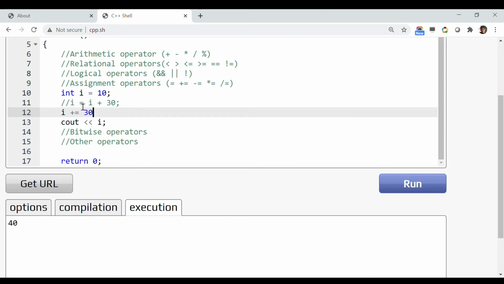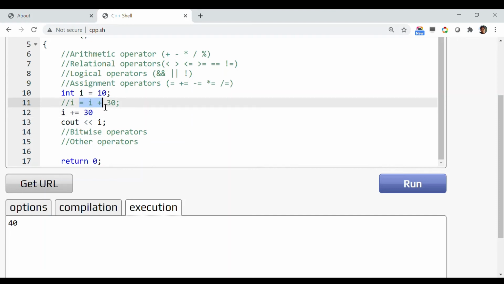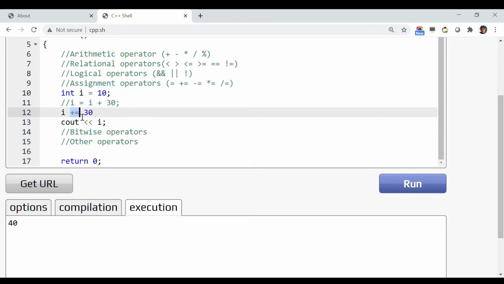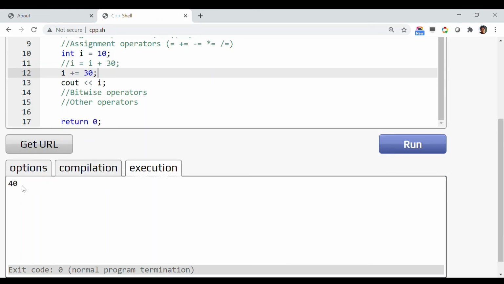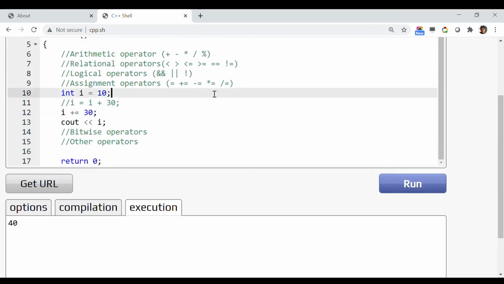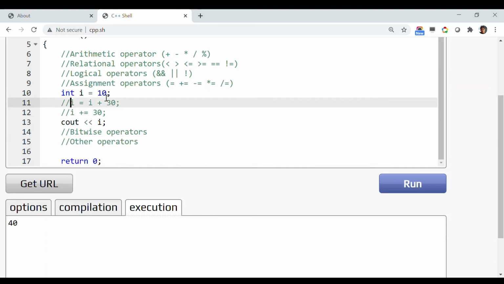You are just replacing it with plus equals 30. And if you do this, then you are going to get the same value, 40. In the same way, let's see an example with the division operator. So let me just comment this part out and let's do this.